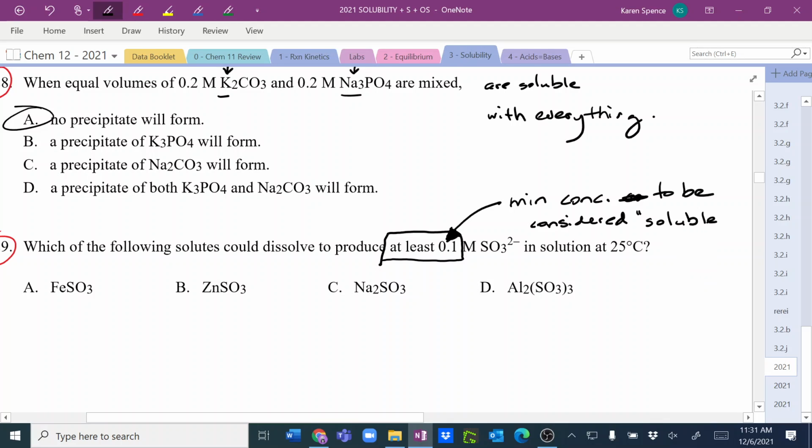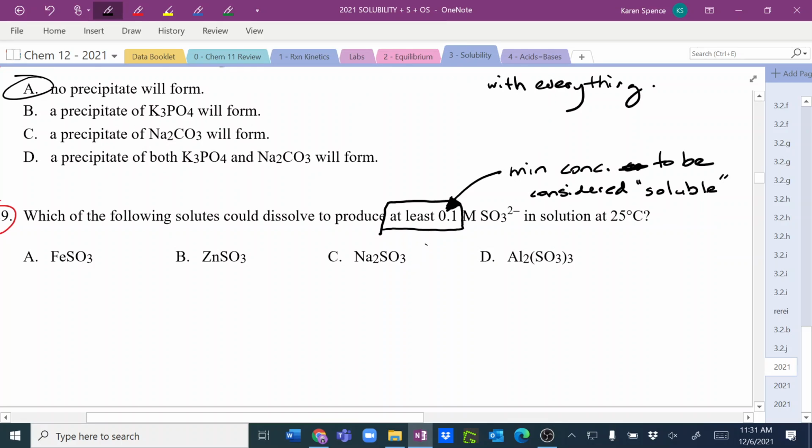So where would you look? Solubility table, or you could say, I know the alkali ions are soluble with everything, and I'm only allowed to choose one answer, therefore my answer must be Na2SO4.